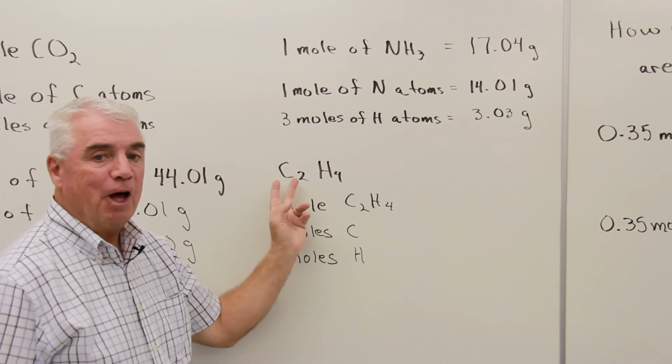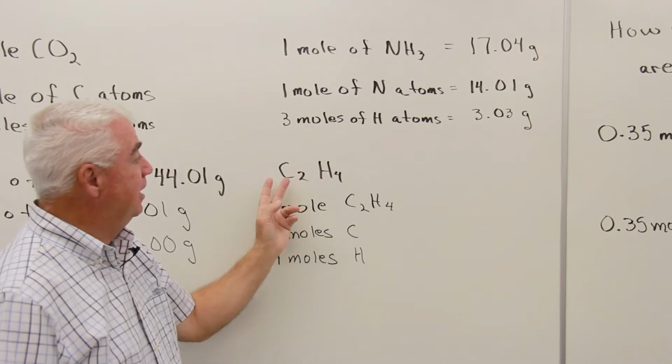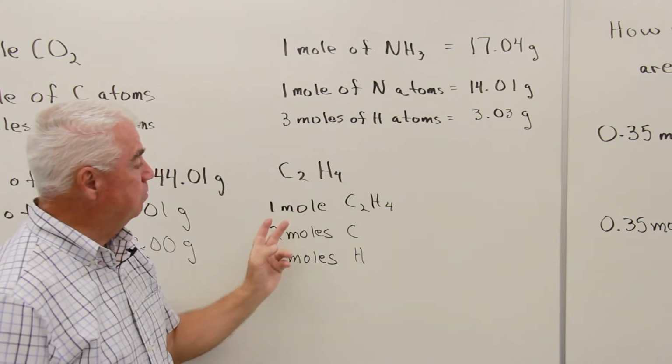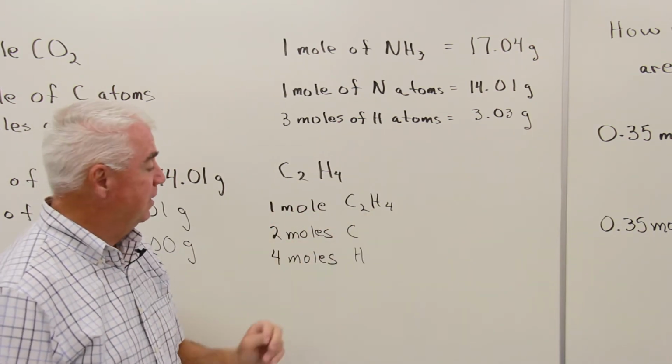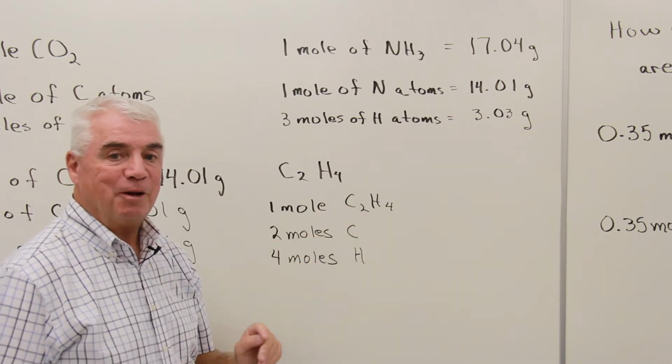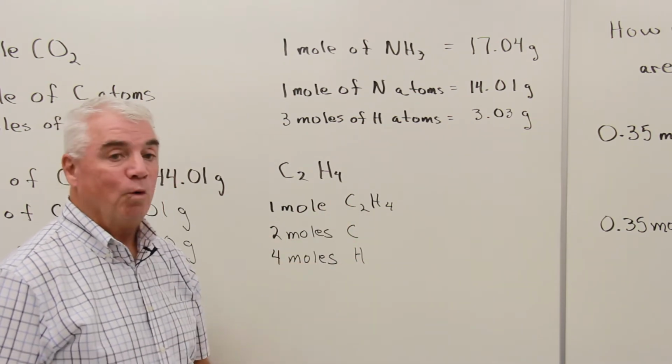Finally, let's apply the concept to something where we don't have the coefficient, or the subscript 1, C2H4, 1 mole of C2H4. In that sample, we'd have 2 moles of carbon because of the subscript 2, and 4 moles of H.